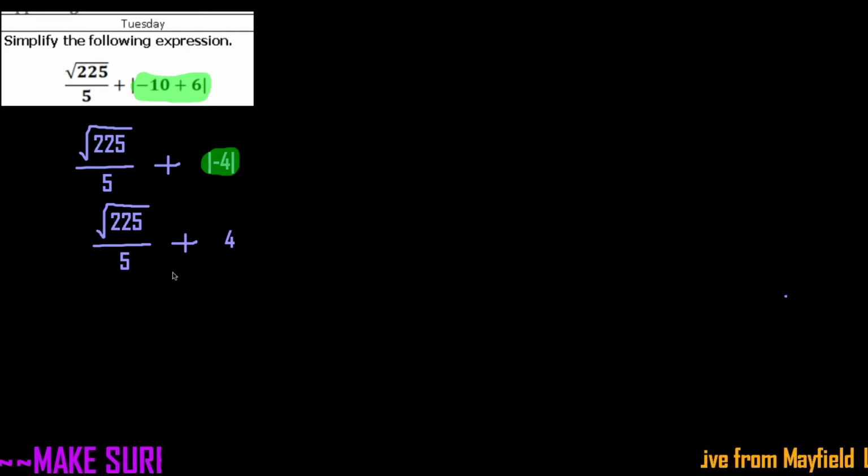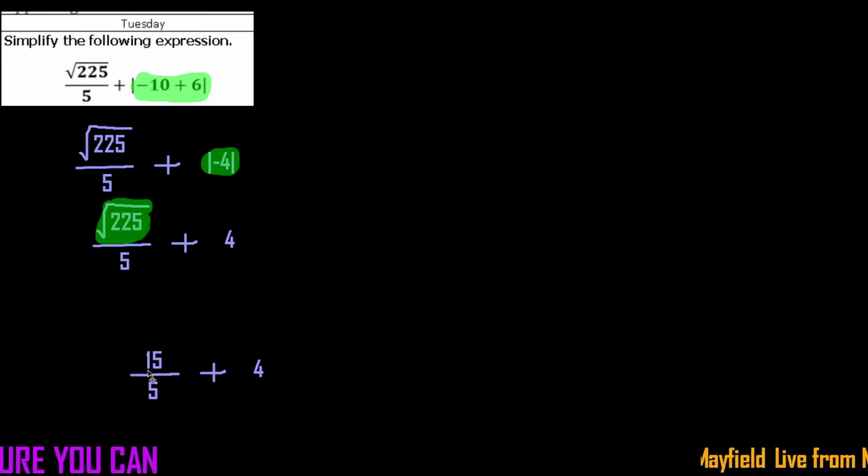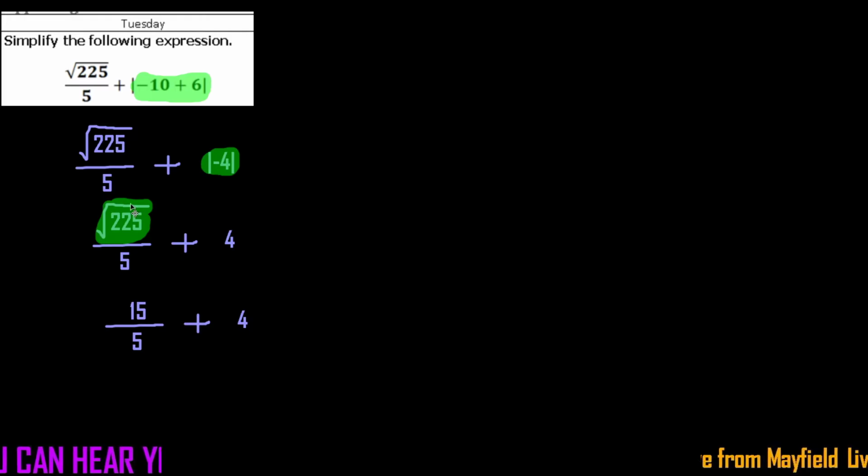Everything else comes down. So now, still using those grouping symbols, we're going to do that square root of 225. And a way to do that is just make sure that you think it should have an integer value. So we're going to say that square root of 225 is going to be 15. So that means we have 15 over 5 plus 4.